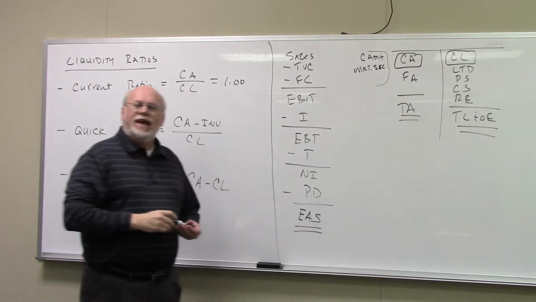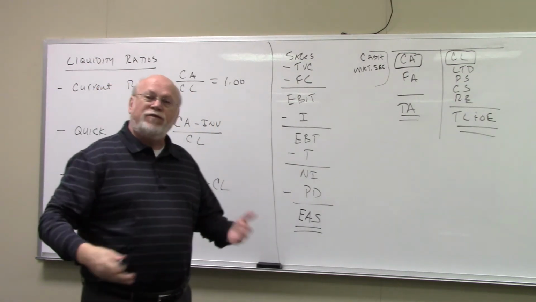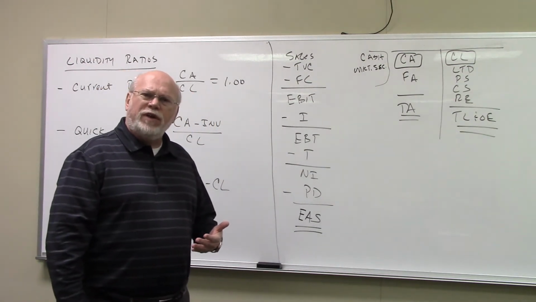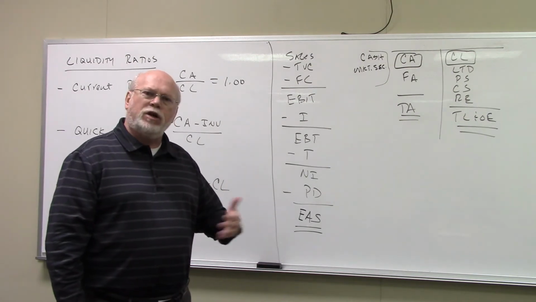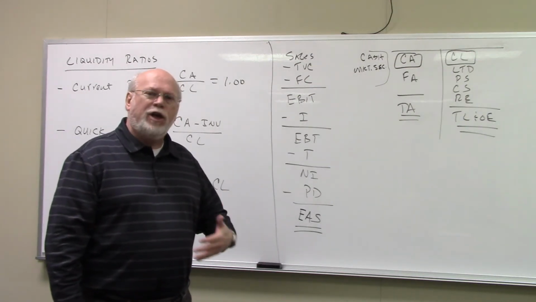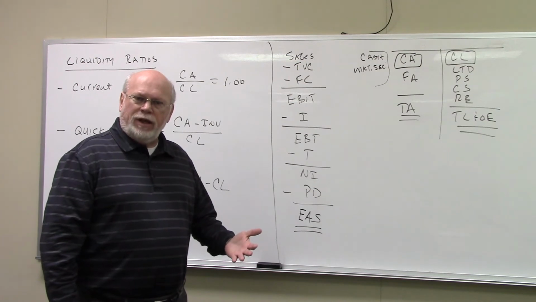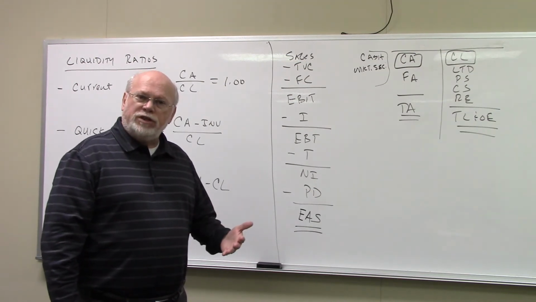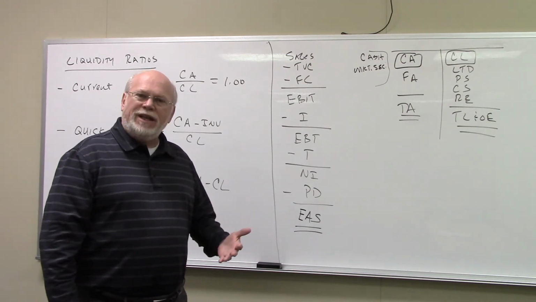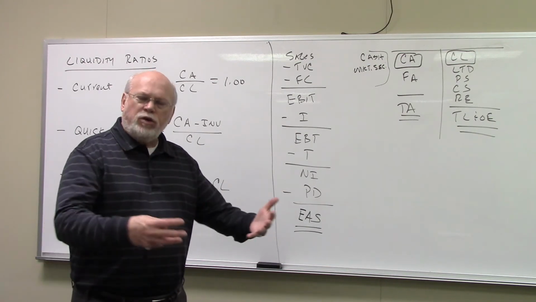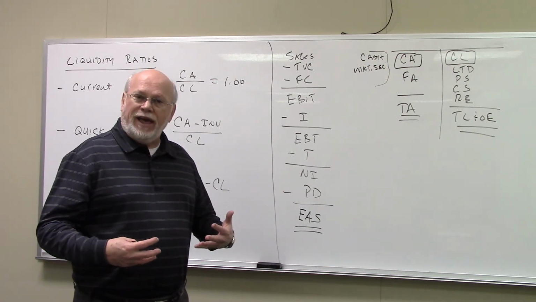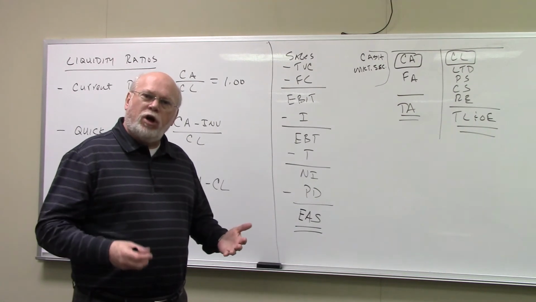If a company has excess cash, needs to invest cash, they're usually going to put the money in a CD or a treasury bill or maybe a savings account, but something very liquid. Now, a treasury bill or a CD, if you need the cash, you can always convert it back into cash, but there's going to be some cost to that.